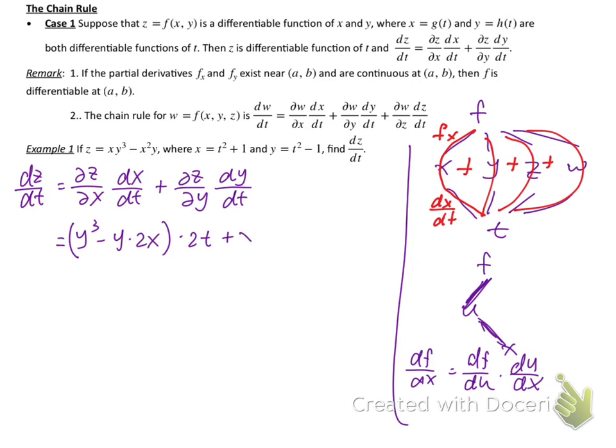I'm having x times 3y^2 minus x^2, differentiating with y, so y is times the derivative dy/dt, that's another 2t.